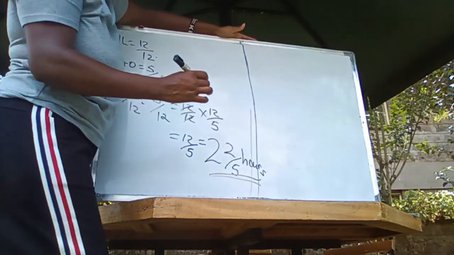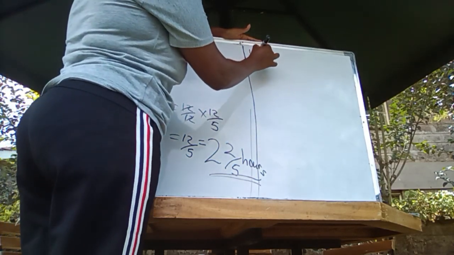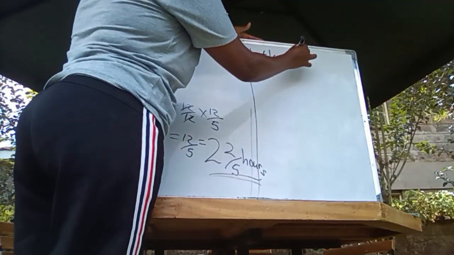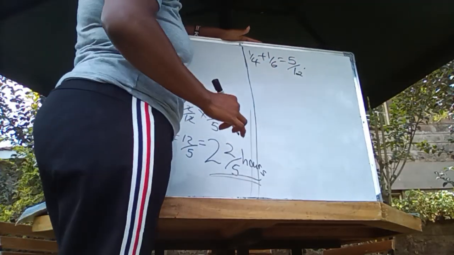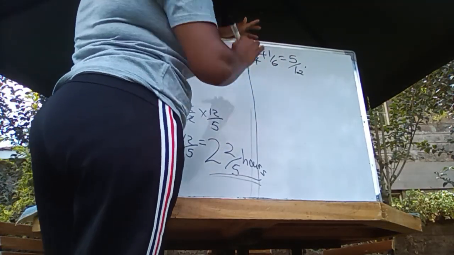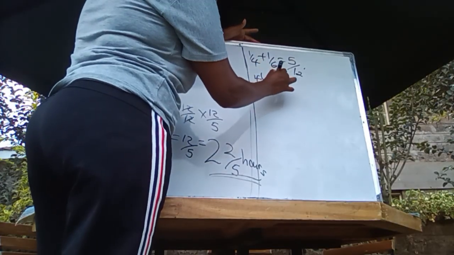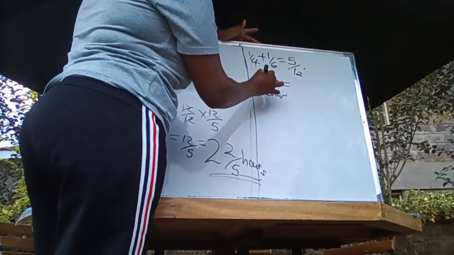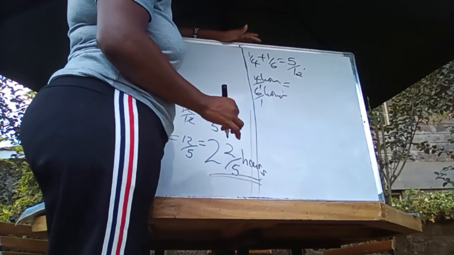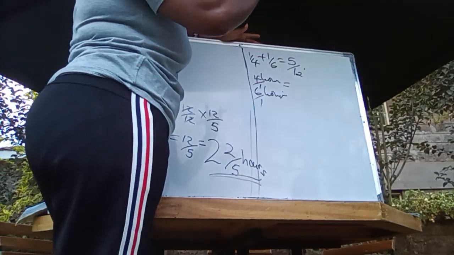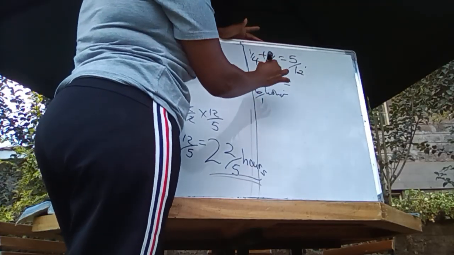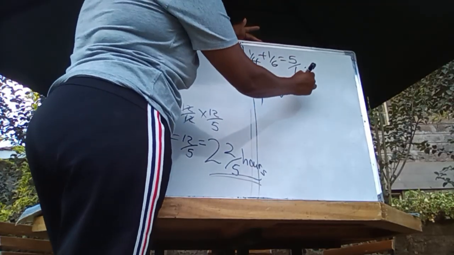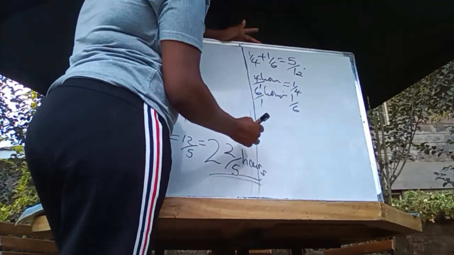The other way: remember when you add 1 over 4 plus 1 over 6, your answer was 5 over 12. Our hours were 4 hours and 6 hours, the same as 4 over 1 and 6 over 1. We looked for 1 hour by taking the reciprocal, 1 over 4 and 1 over 6.